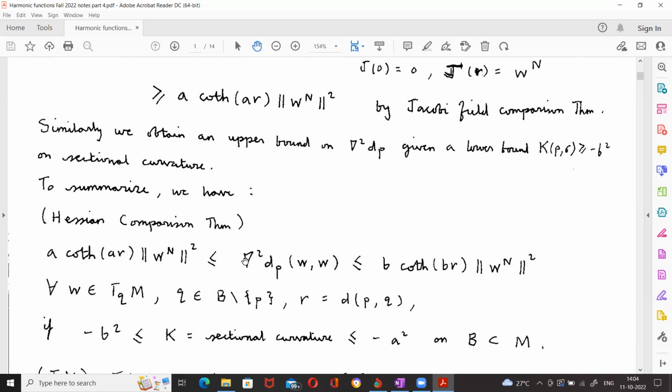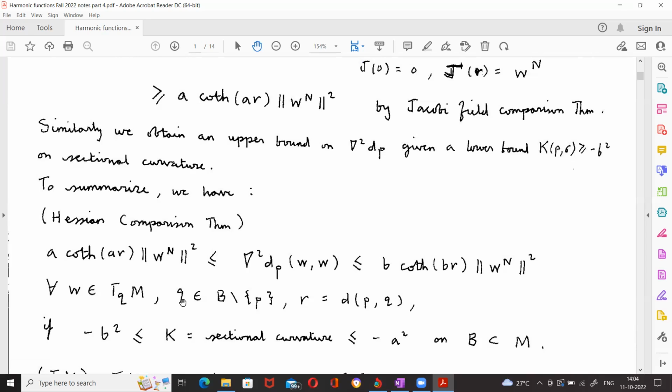That quadratic form is bounded below by a coth of ar, a constant times the normal component of w, norm squared. Here, w is a tangent vector at a point q in the ball, which is different from p.